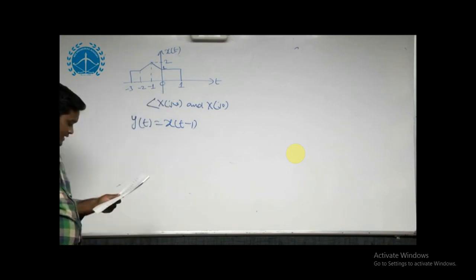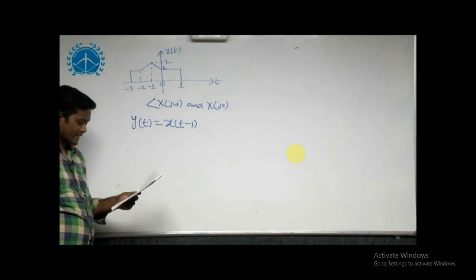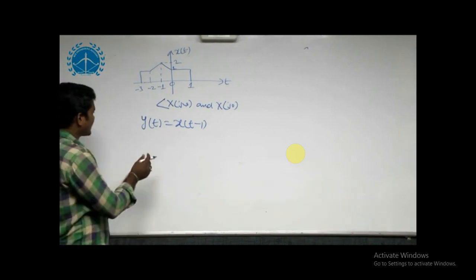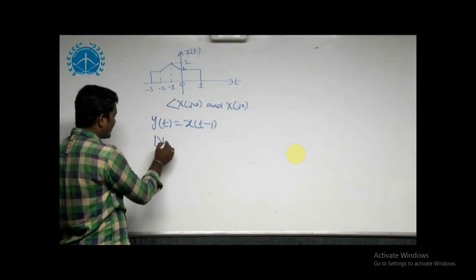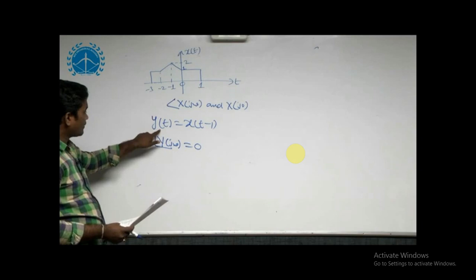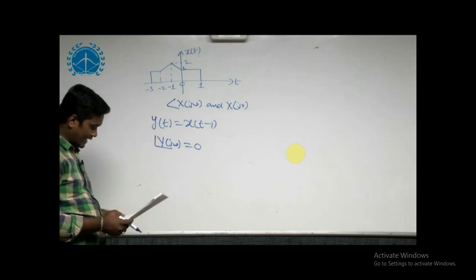So now y of t becomes a real and even signal. For a real and even signal, the angle of y of e power j omega is equal to 0, because y of t becomes real and even. For a real and even signal, the angle is 0.